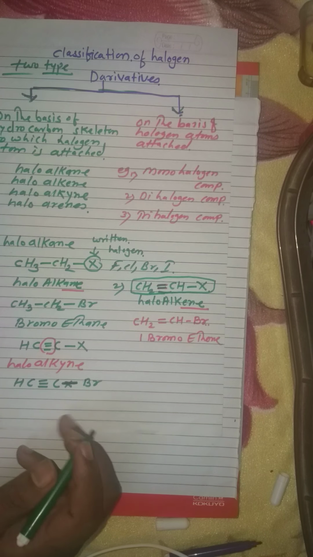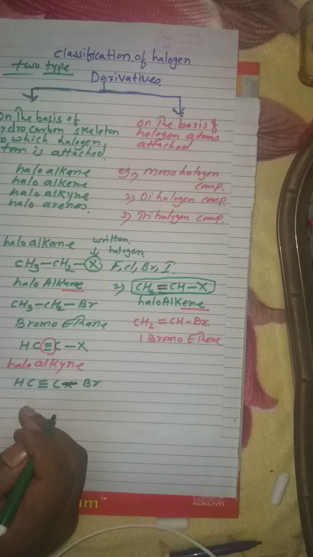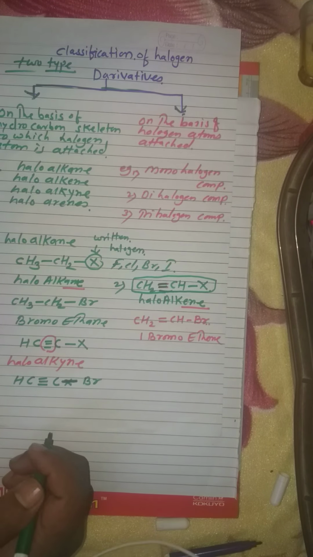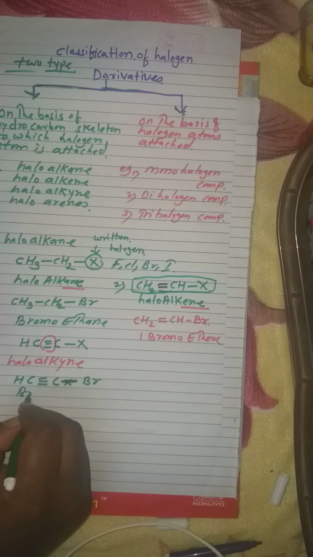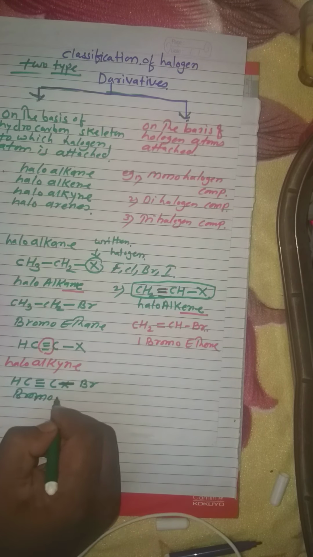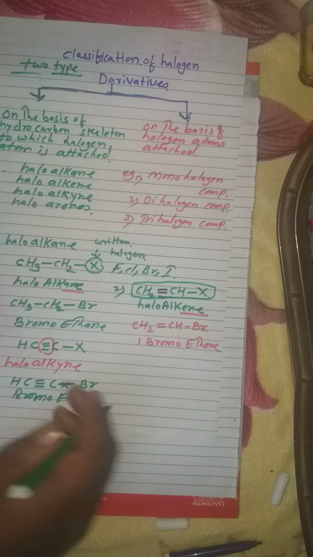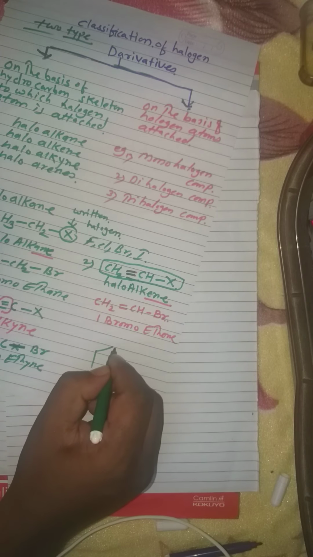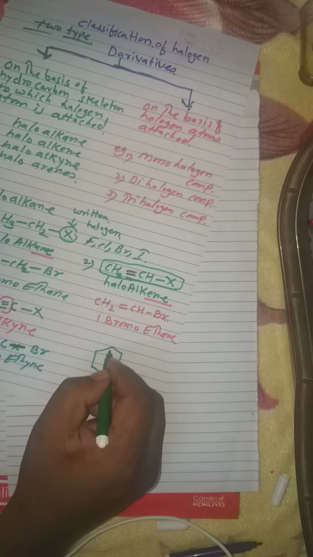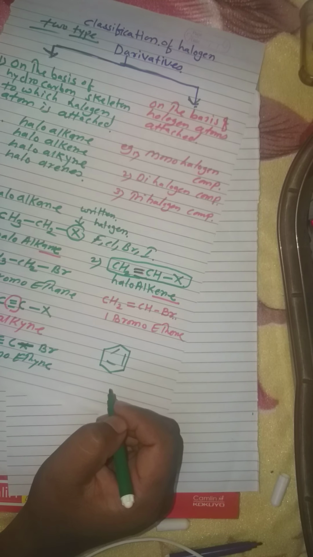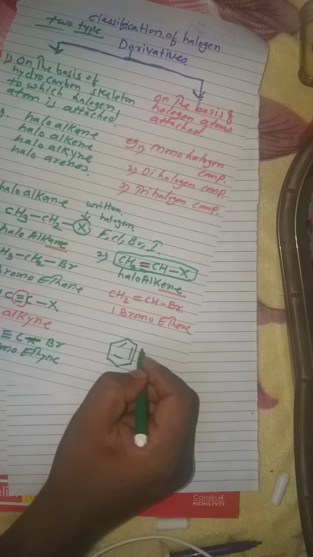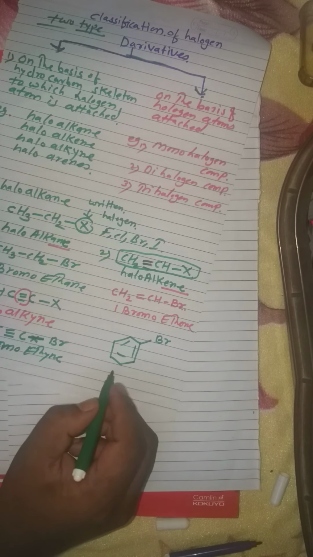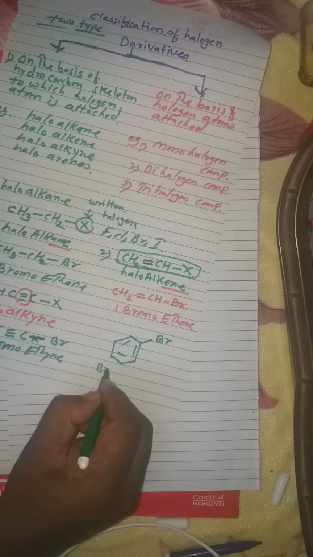So we can write bromoethyne. Now similarly for arenes we can make this benzene ring, presence of alternate double bond, and we can attach here bromine. That compound's name is what? Bromobenzene.